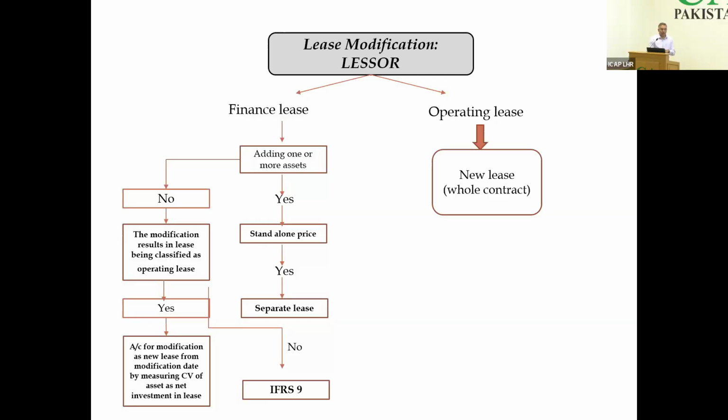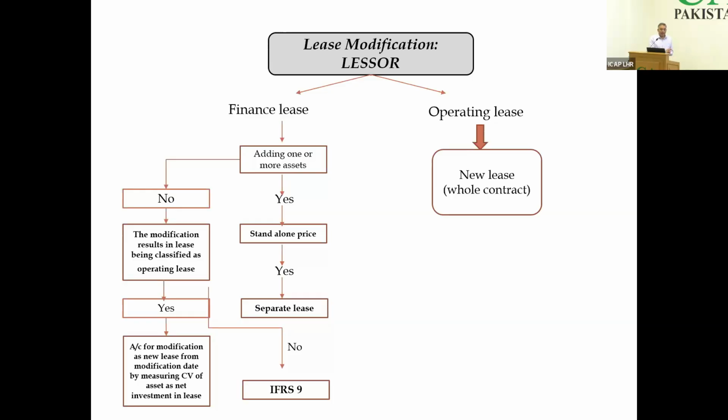Next, the modification may result in the lease being classified as an operating lease. You will determine whether this modification has resulted in the lease being classified as an operating lease, such as a reduction in the scope or in the lease term or other terms and conditions, so that for the remainder of the lease it is not a finance lease but an operating lease.